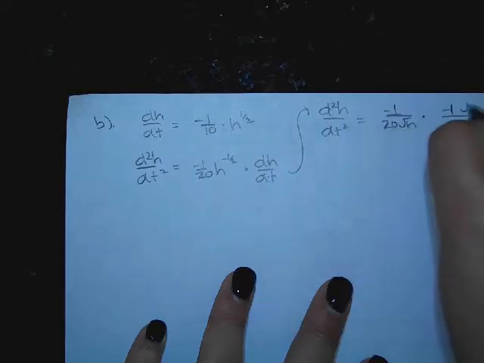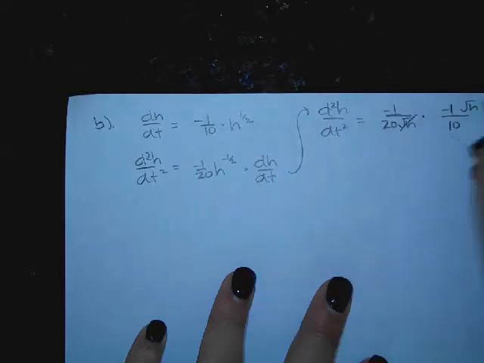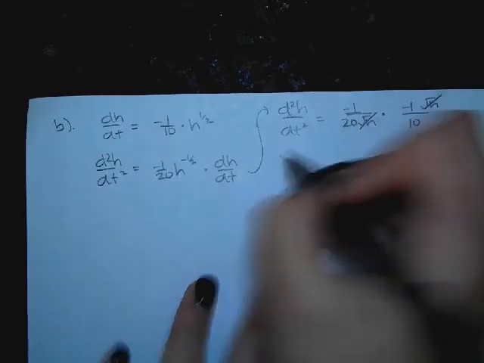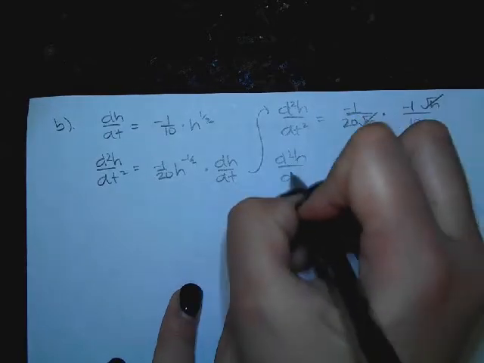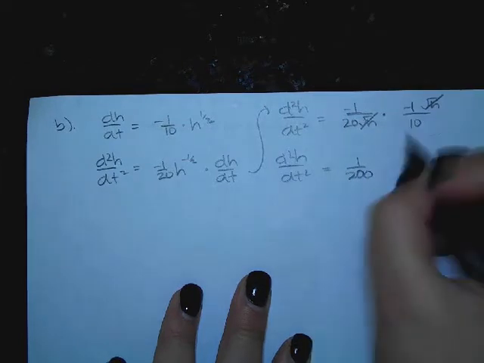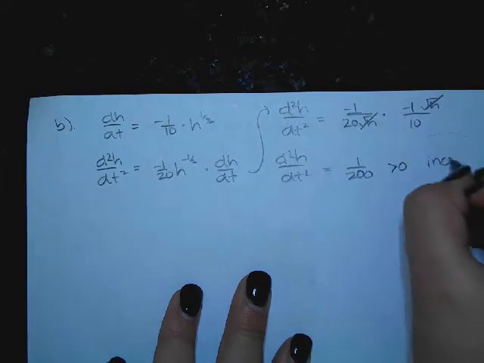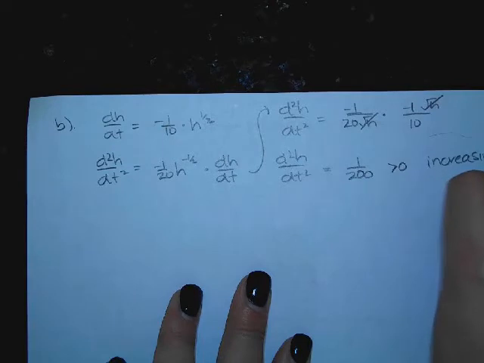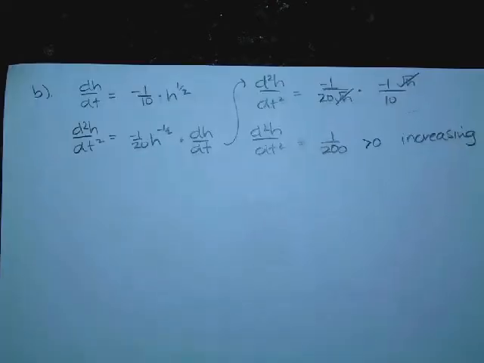For dh/dt, the square root of h would be on top. So these actually cancel, and I get that the second derivative is positive 1 over 200. Since that is greater than 0, that means that it's increasing at h equals 3, and it's actually increasing always.